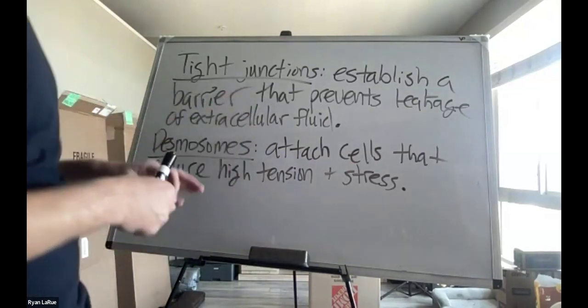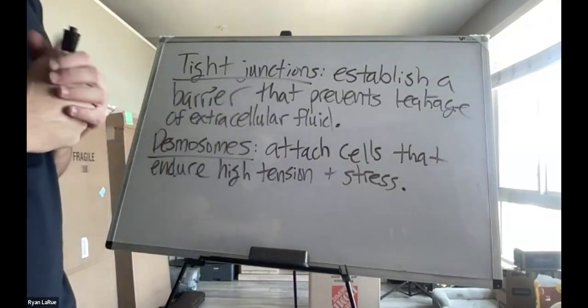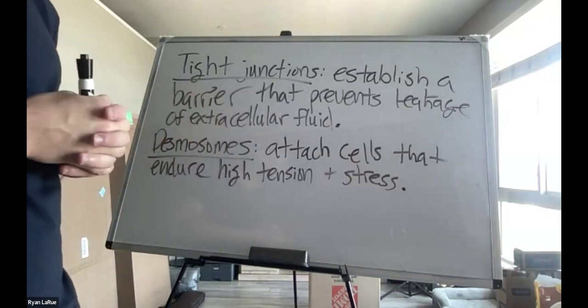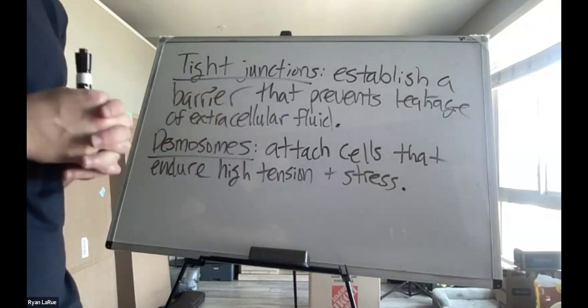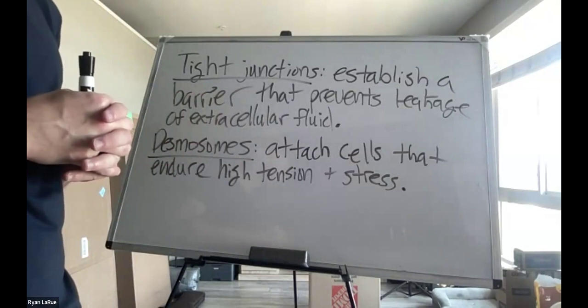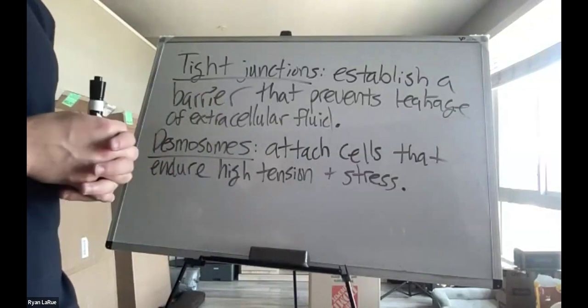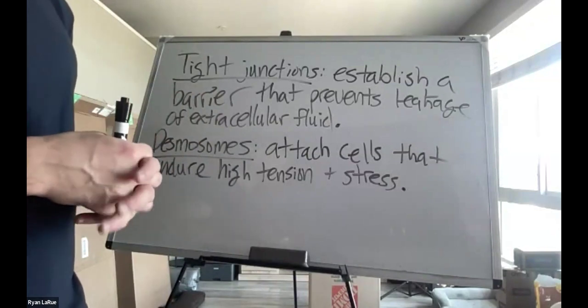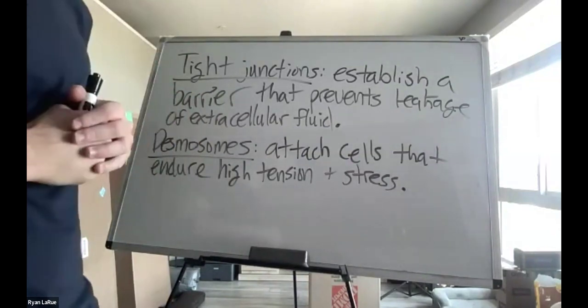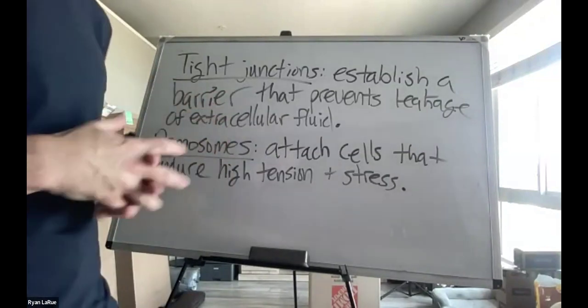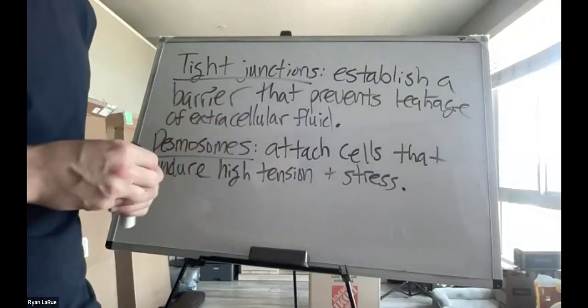The desmosomes. Yeah, so the classic example are muscle cells, which are constantly generating force or under stress and tension. To me, the desmosomes kind of function like shock absorbers.